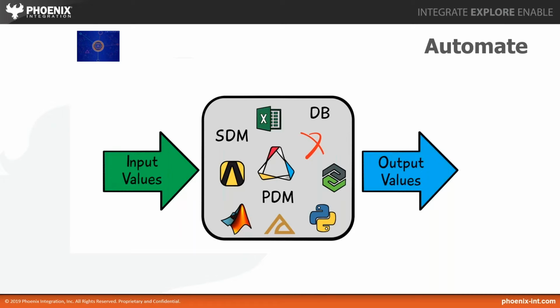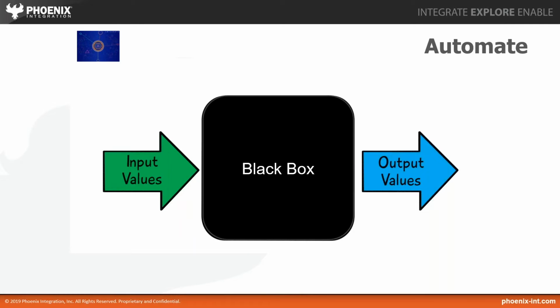ModelCenter allows users to automate any engineering analysis tool, whether it's a COTS or in-house tool, or 20-year-old Fortran code, using black box execution. For ModelCenter Integrate to run any execution, it just needs to know how to execute that engineering analysis and which input and output variables to expose. So we treat it, like I said, as a traditional black box methodology.